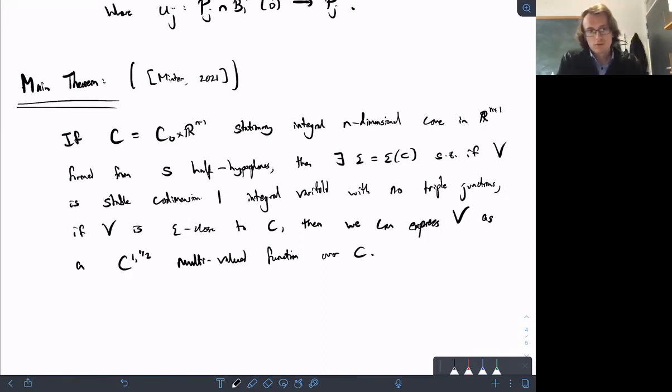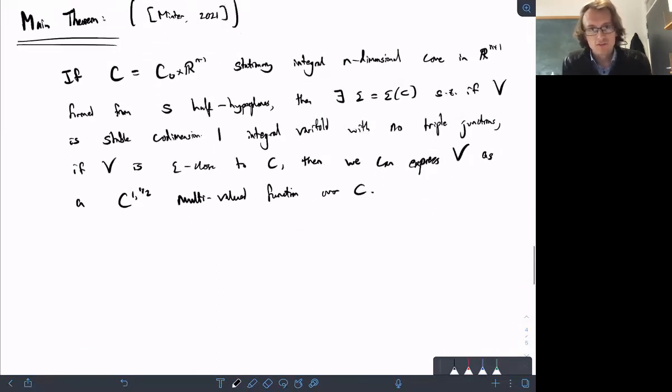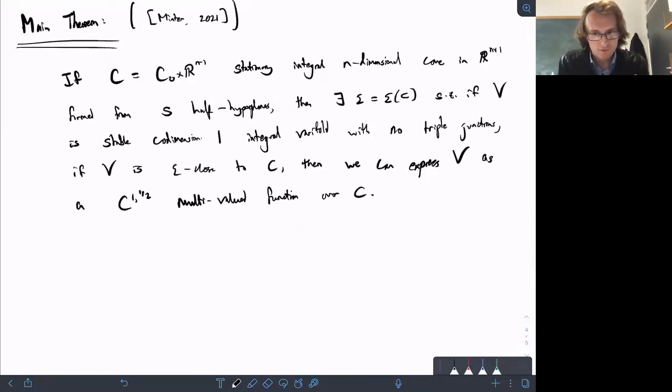So what different types of cones can we have in this setting? So C is comprised of 5 half hyperplanes. And so that corresponds to C0, which is a one-dimensional cone having 5 half lines. So there are numerous different cases we can have. So C0 can take different forms.